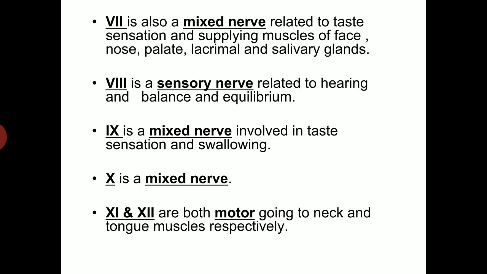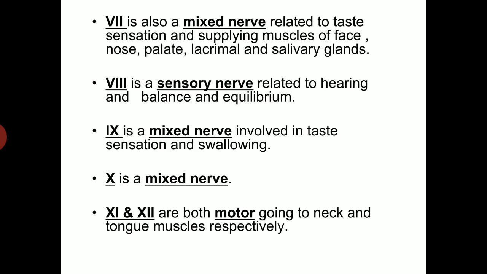Now seventh cranial nerve, it is again a mixed nerve, name is facial, related to taste sensation, supplying muscles of face, nose, palate, lacrimal, and salivary glands. Eighth cranial nerve is known as vestibulocochlear, which is a sensory nerve related to hearing and balance and equilibrium. Ninth is known as glossopharyngeal.